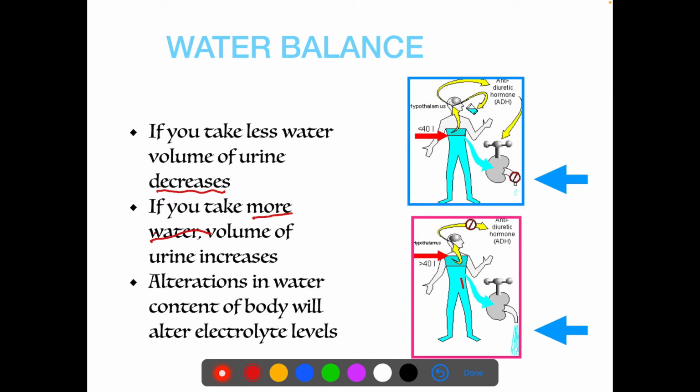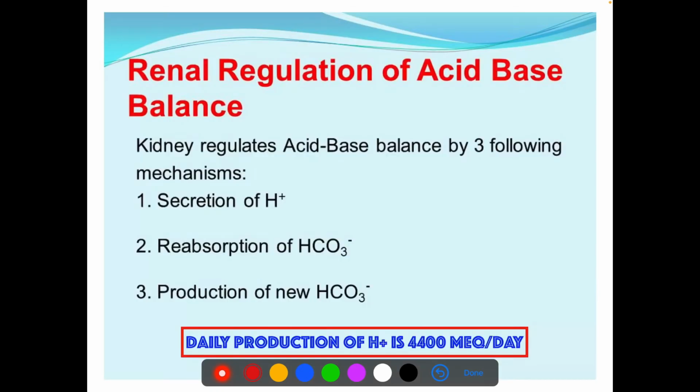So when the water content of the body changes, the concentration of various solutes also will change. So water balance means the kidneys are able to control the amount of water in our body and maintain the normal amount by increasing or decreasing the urine output or urine volume.